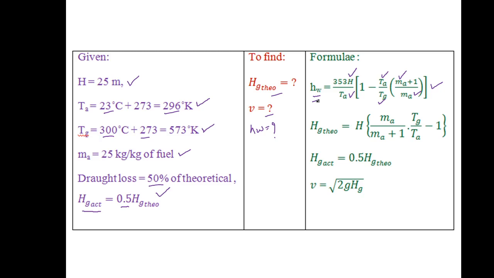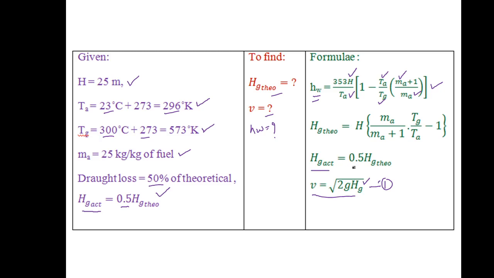Then actually what we have to find out is velocity. To find velocity, one formula is root of 2g Hg, so we want to find Hg. Here he is asking us to find the actual velocity, so we must know Hg actual.